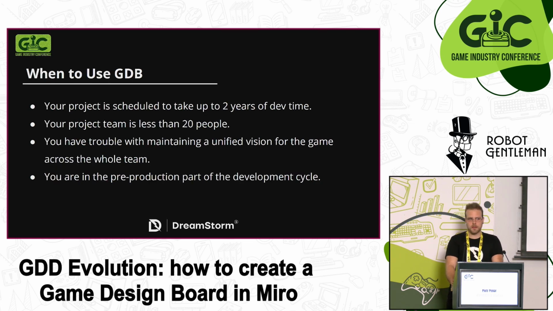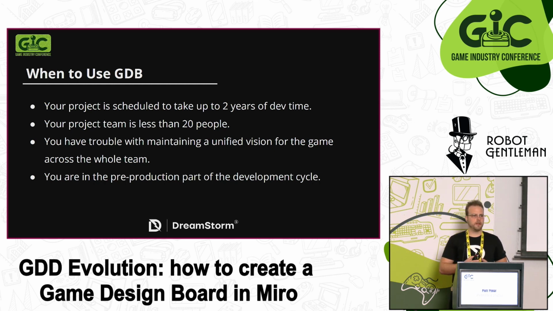So we established that game design boards are best for projects that take up to 2 years of development time, require a team of up to 20 people, and they are especially useful for companies that have troubles with maintaining a unified vision for the whole game.